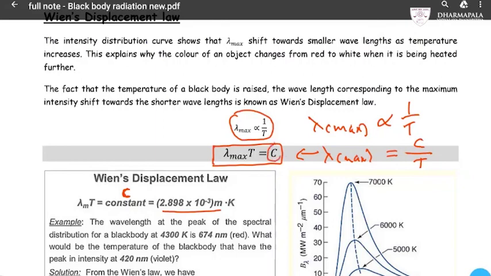As this side is a constant, we can use this equation even for comparing two temperatures, as lambda 1 T1 equals lambda 2 T2. We can compare wavelengths at two different temperatures. Even in this graph you can see the lambda max values shifting towards shorter wavelengths with the increase in temperature.